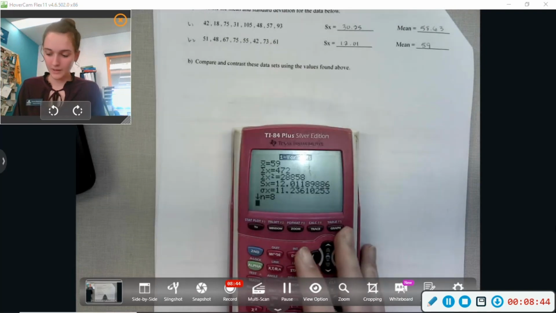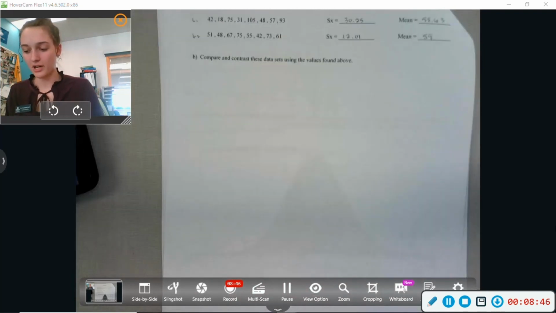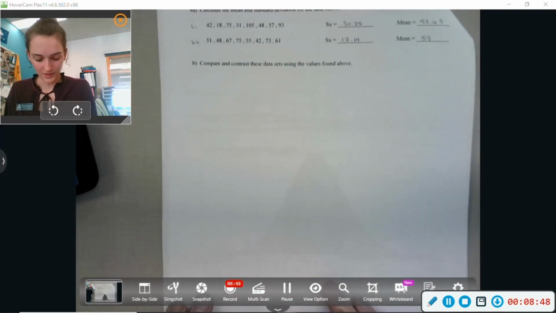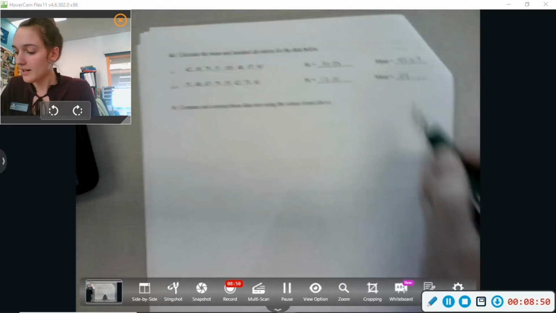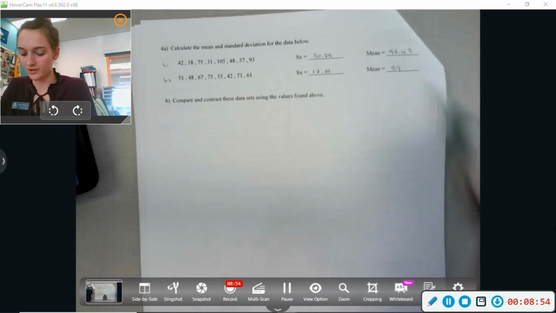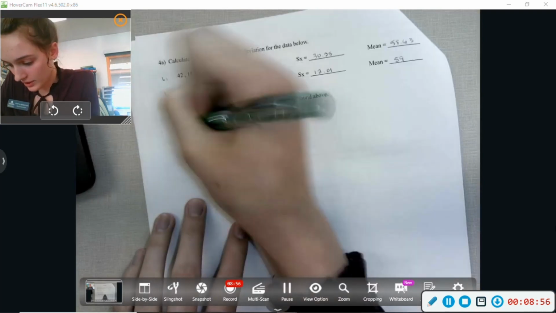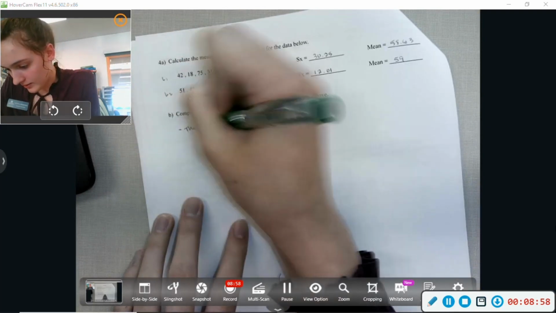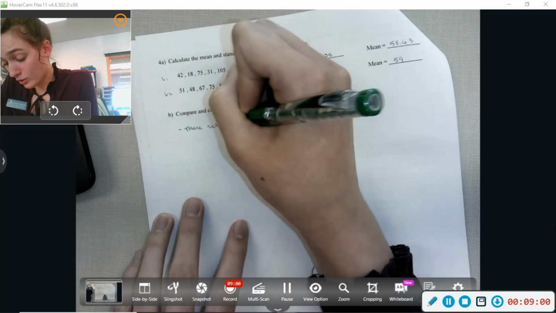Okay, so now they ask us to compare and contrast the values, right? So we can see that they have almost the same center, right? 58.6 is pretty close to 59, so these sets have almost the same center.